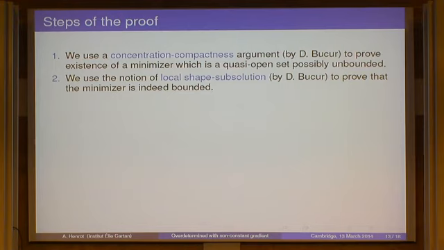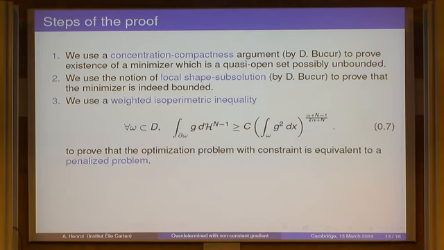And the first step in regularity is going from quasi-open to open. You have to start by proving that you have an open set. Quasi-open sets are the level sets of H1 functions. So since in dimension n H1 functions are not continuous, these are not open sets. And for that, there is a trick. You want to make perturbations, and you want to get rid, in some sense, of the constraint.